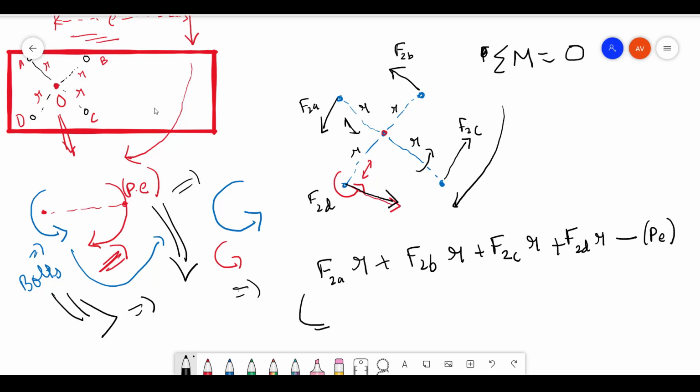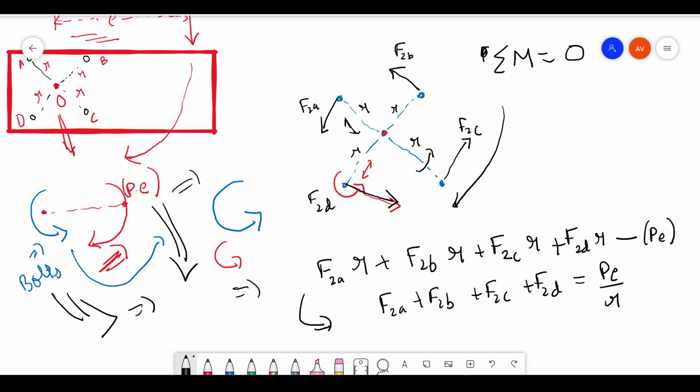So now if you use this, what you can write is F2A plus F2B plus F2C plus F2D is equal to PE by R.